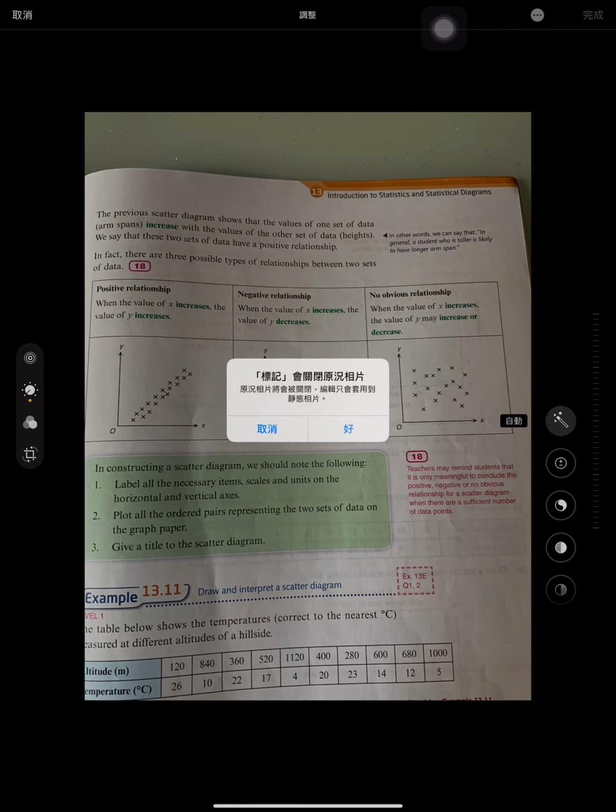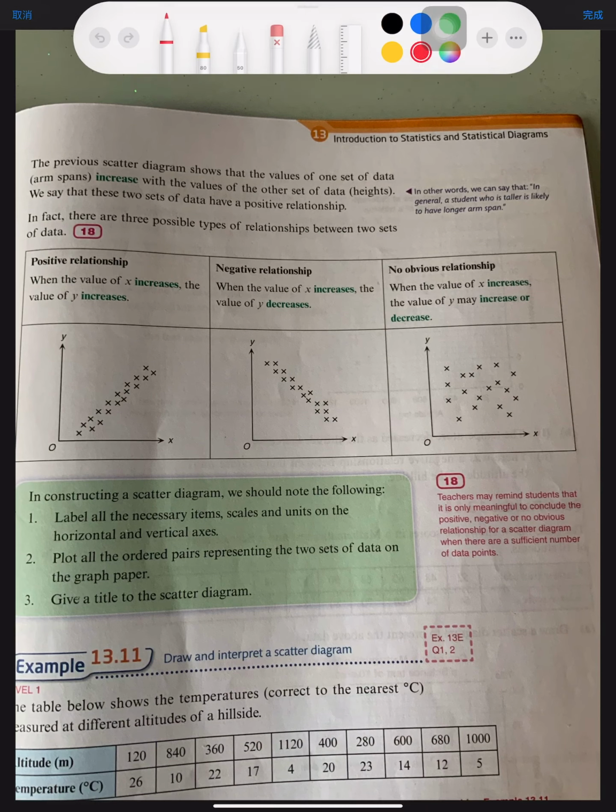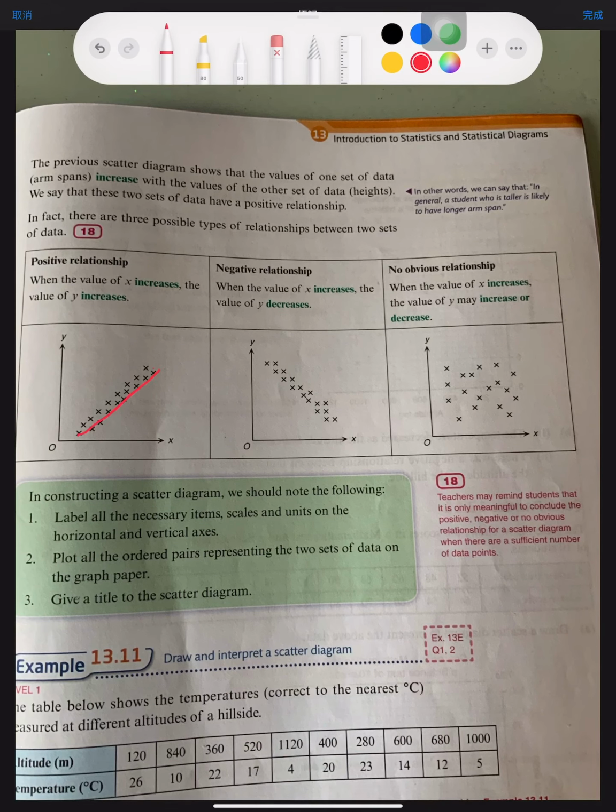For a positive relationship, you can see both increase. For a negative relationship, when x increases, then y will decrease. This one is when x increases, y will increase, so this is positive. This one is negative. We may use this arrow to represent increasing together.